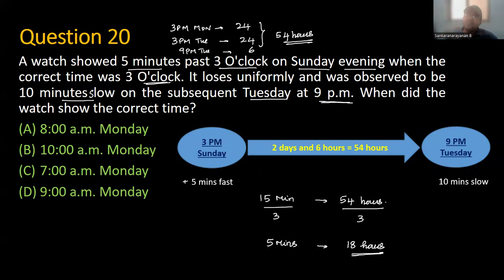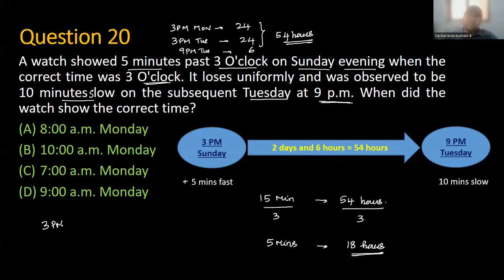Got my point? So from 3 p.m. Sunday, you have to consider 18 hours forward. From 3 p.m. Sunday to 3 a.m. Monday corresponds to 12 hours.